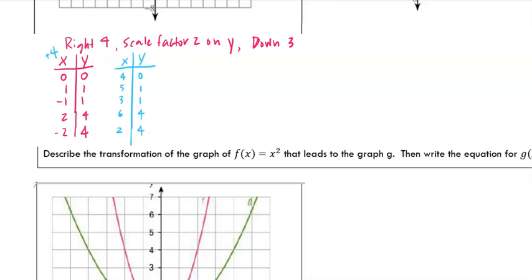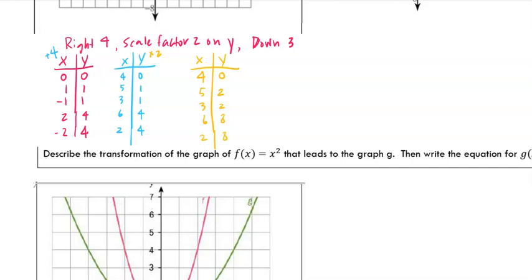Now scale factor of 2 on the y, so that tells me I'm going to multiply these by 2. So 4, 0, and then 5, 2, 3, 2, 6, 8, and 2, 8.